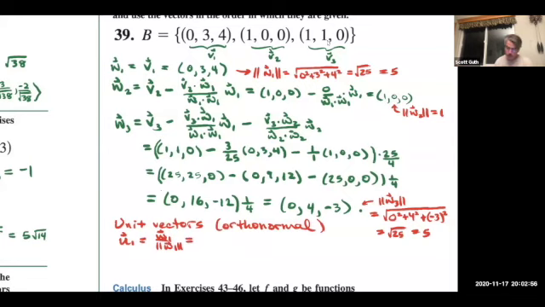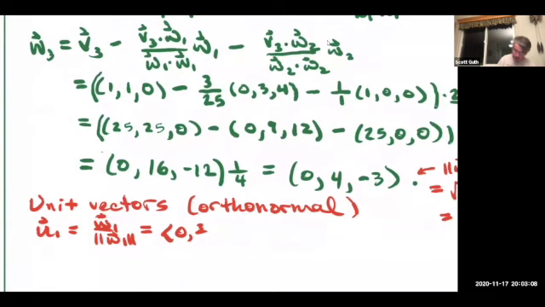So we're just doing that 0, 3, 4 and dividing it by 5. So you're going to get 0, 3/5, and 4/5, and that's a unit vector.